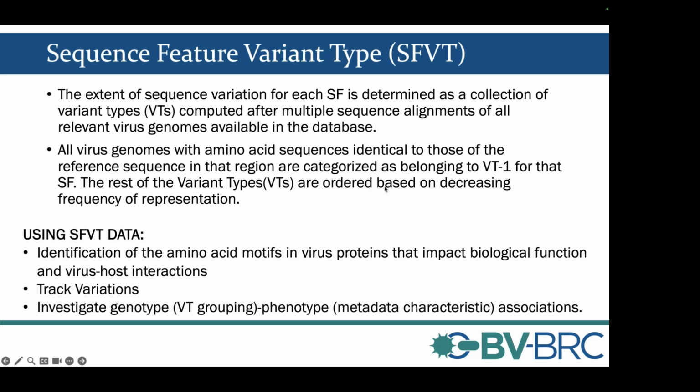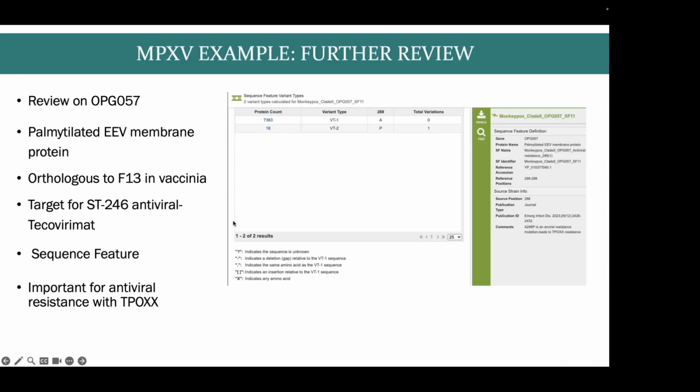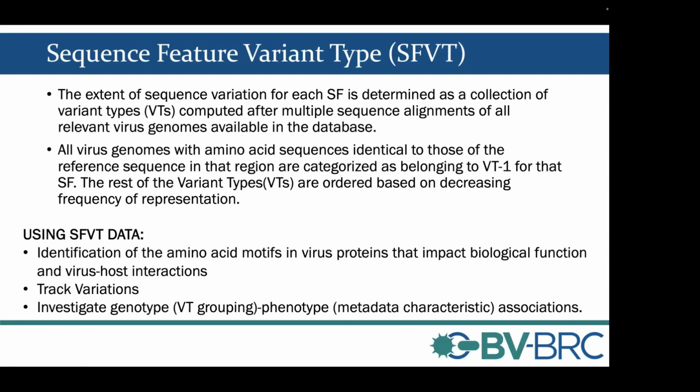So when we look at the sequence feature data in a second, we can see how anything like the reference will be variant type 1, and then subsequent variant types are ordered based on decreasing frequency of representation.